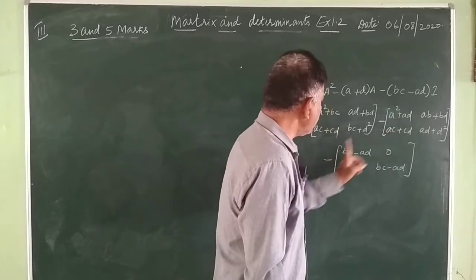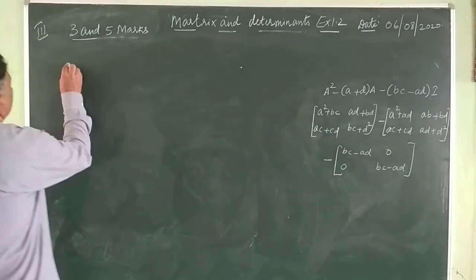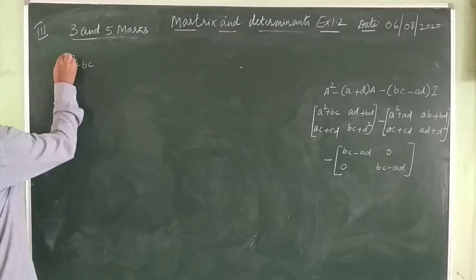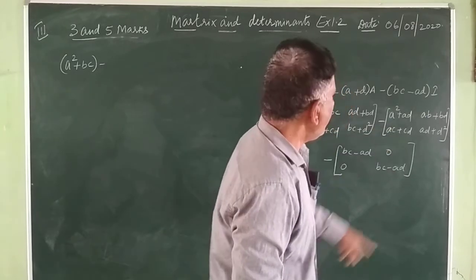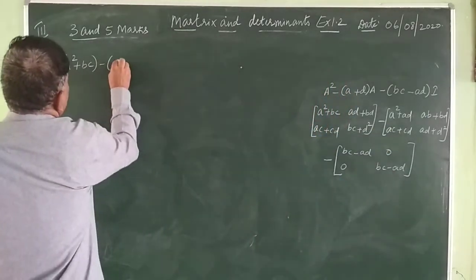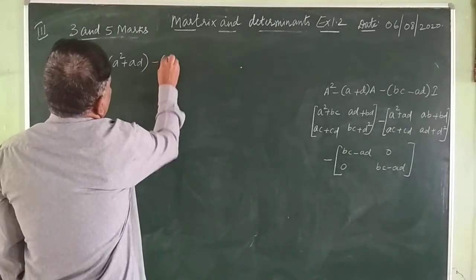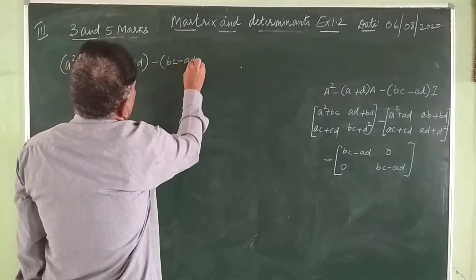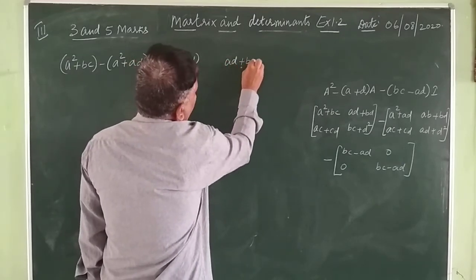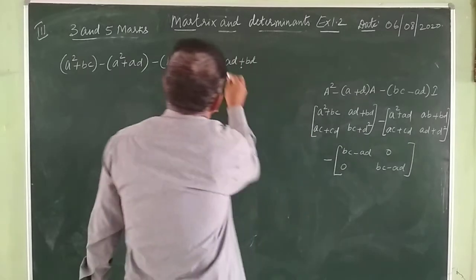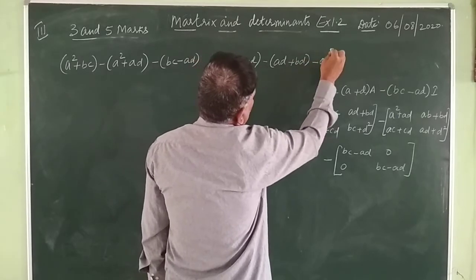Next, in between the matrices there is a minus sign. That means you need to do the subtraction of matrices. That means A square plus BC minus the corresponding element. For this one, the corresponding element is A square plus AD minus, and further BC minus AD. Next, for this one, AB plus BD minus AB plus BD minus 0.